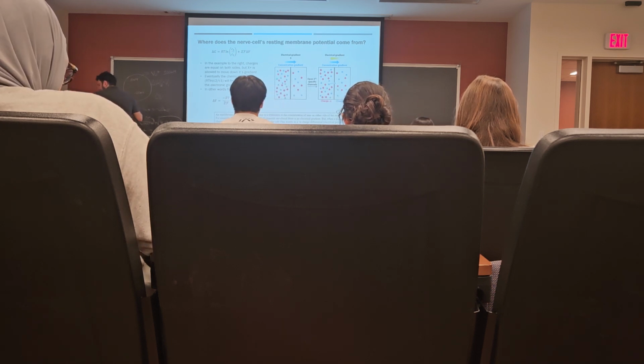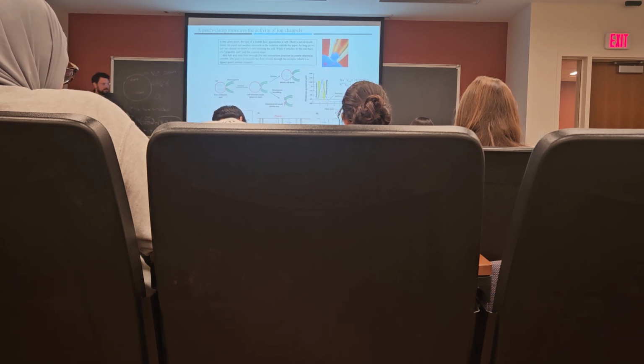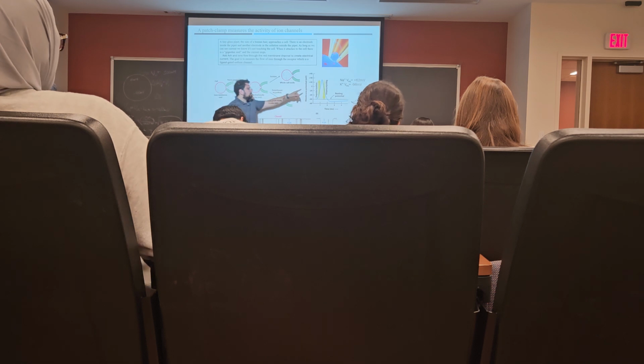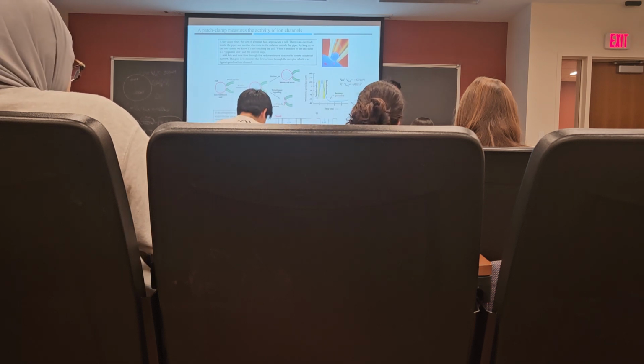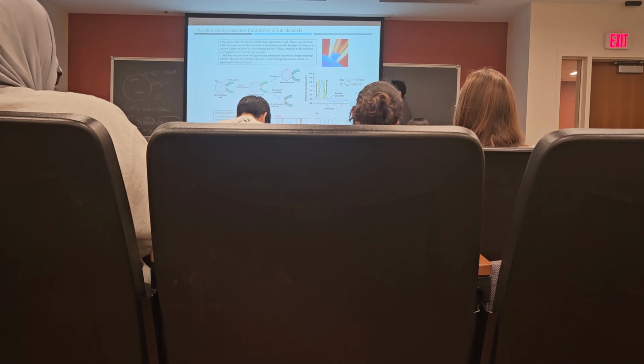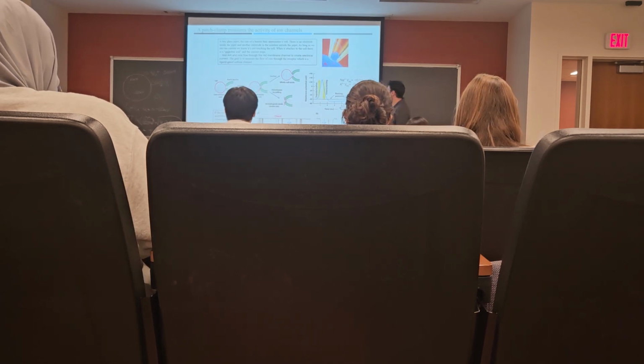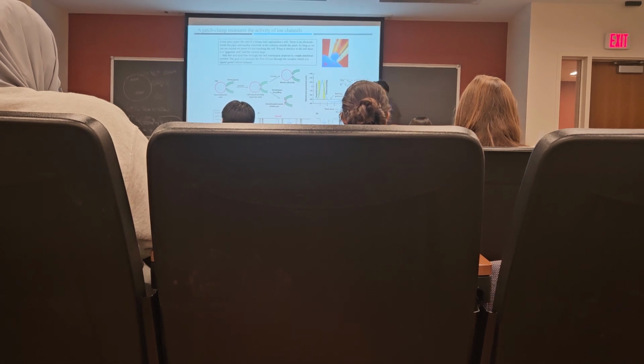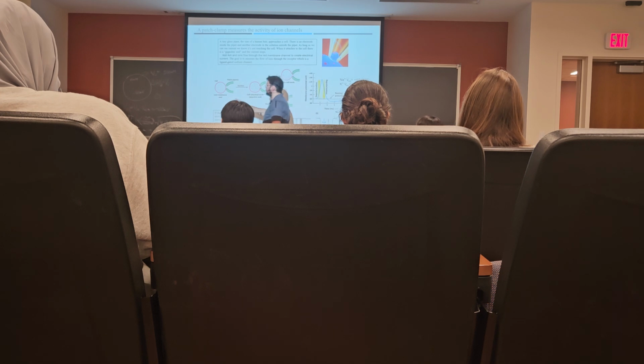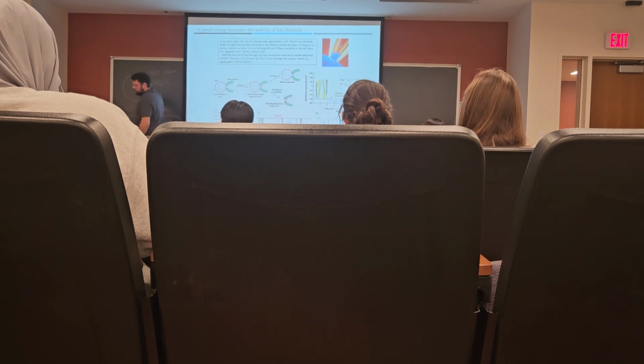Okay? If we look at the typical concentrations of sodium and potassium, we can see that the VEQ for sodium, there's an example in your books if you want to prove it to yourself, is 62 millivolts, and the VEQ for potassium is negative 98 millivolts. And what does this mean? That means that, let's say we have a cell under normal conditions, and we poke a hole in it that is only permeable to Na+.